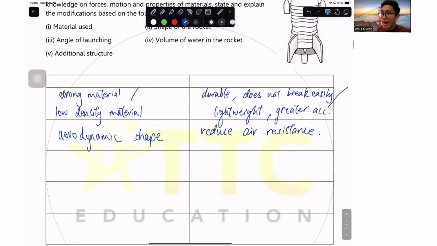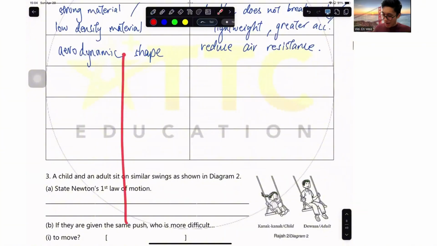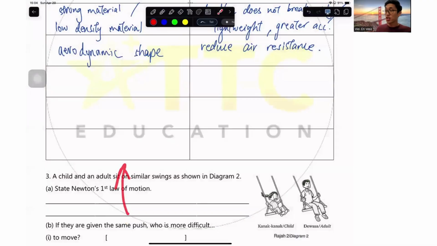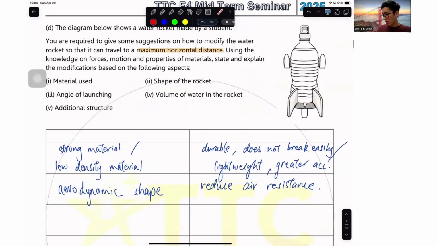Okay, third one, angle of launching. Now, angle of launching depends on where you want it to go. If you want it to go up high, the highest height, of course you've got to shoot it straight up. But right now, I want it to go the maximum horizontal distance. So how should I launch the rocket?